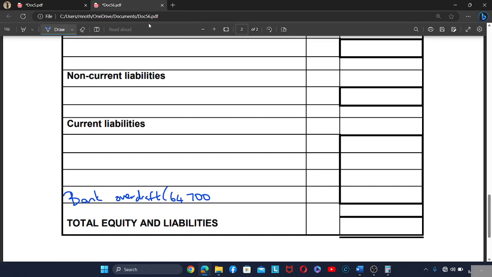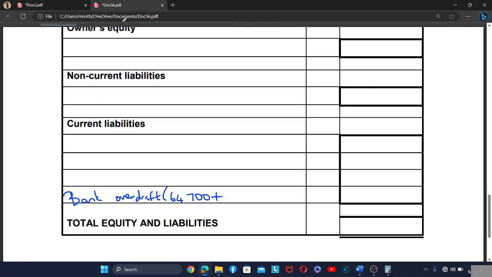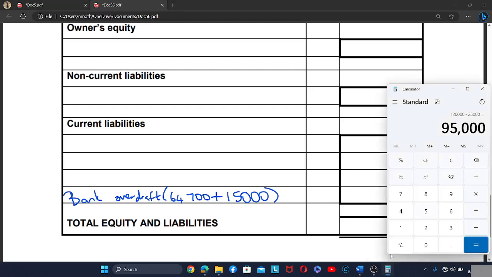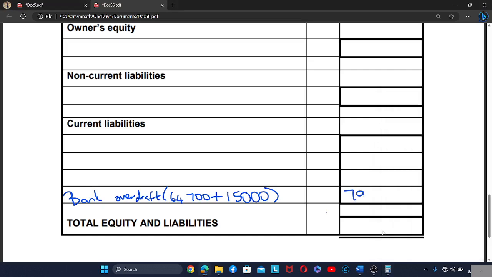The bank overdraft is going to increase, because the money that we are owing the bank is going to increase, since we paid this loan with the money of the bank. 64,700 plus 15,000, that is 79,700.